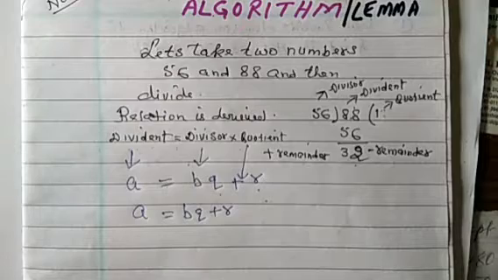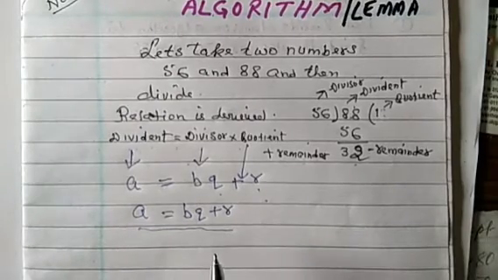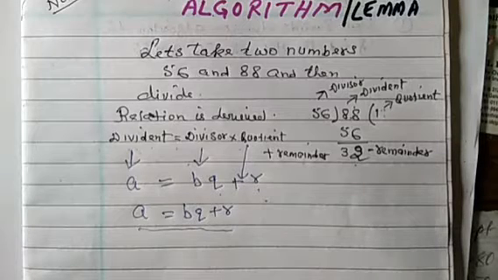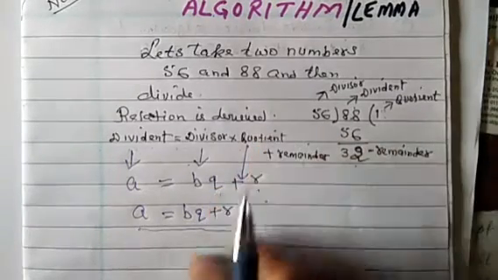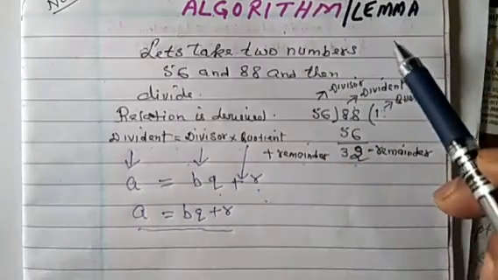He got a formula like this, and based on this formula he told that there are certain steps you will follow to find the HCF of 2, 3 or 4 numbers, whatever is given. These steps that we are going to follow are nothing but Euclid's division algorithm lemma.